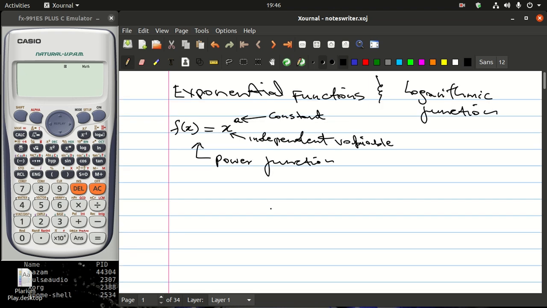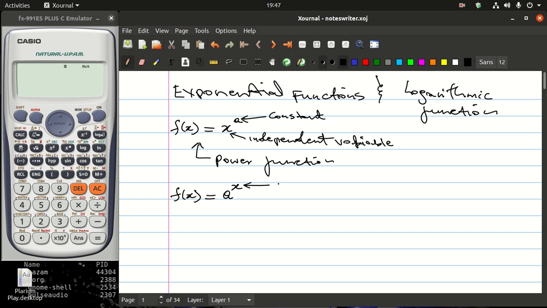Now, what are exponential functions? Exponential functions are functions of this kind, but now we are switching the base and the exponent. So as long as a function is a to the power x, then this function is an exponential function.